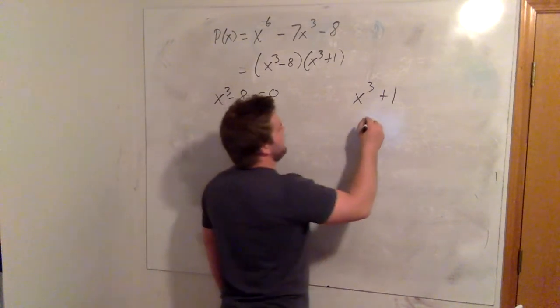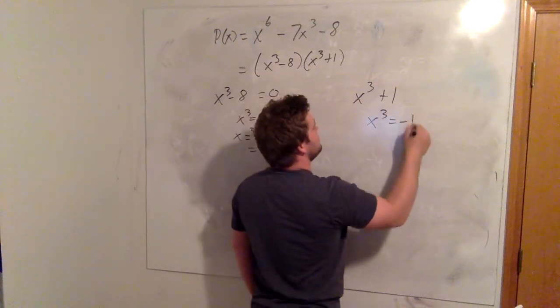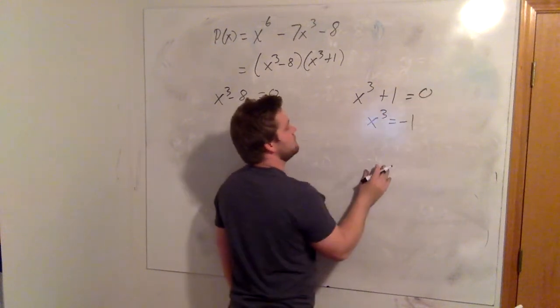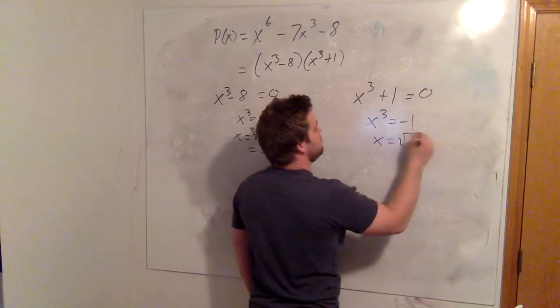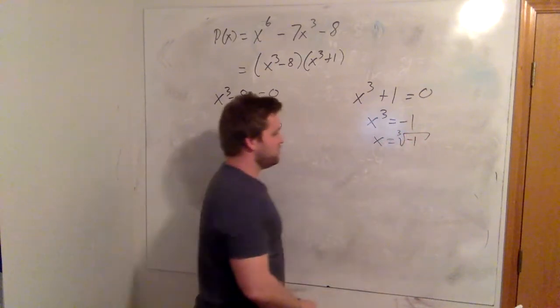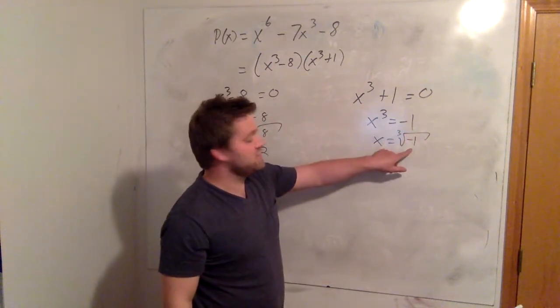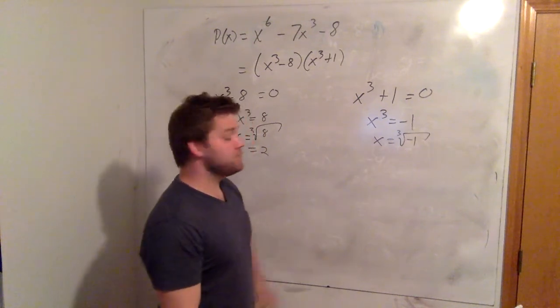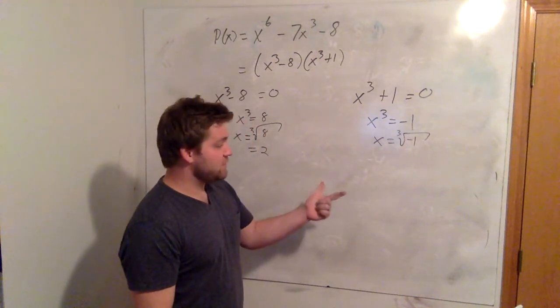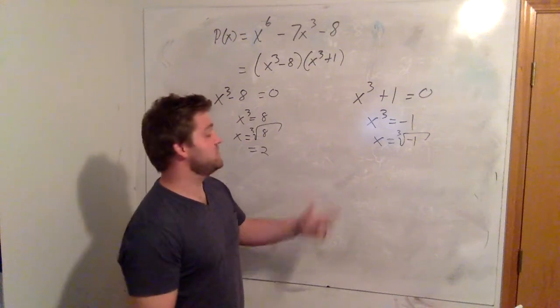Similarly over here, I want to know when x cubed is equal to negative 1, when this is 0. That's when x will be equal to the cube root of negative 1. So what number do I multiply by itself 3 times to get negative 1? I hope you believe negative 1. Negative 1 times negative 1 is positive 1, times an extra negative 1 is negative 1.